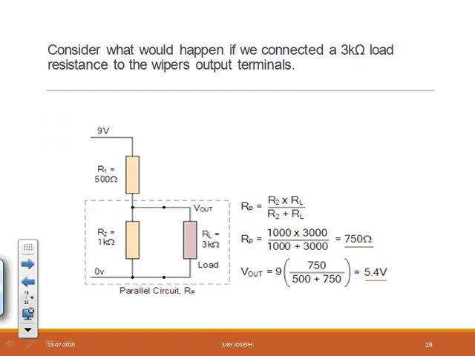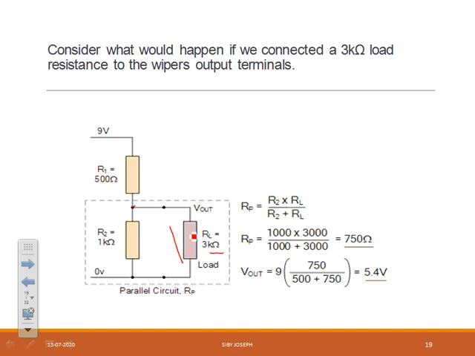Now the circuit is like this: 500 ohm and 1 kilo ohm resistors are connected in series, and I connected a load of 3 kilo ohm in parallel to R2. So the output voltage is the voltage across these two parallel resistors.